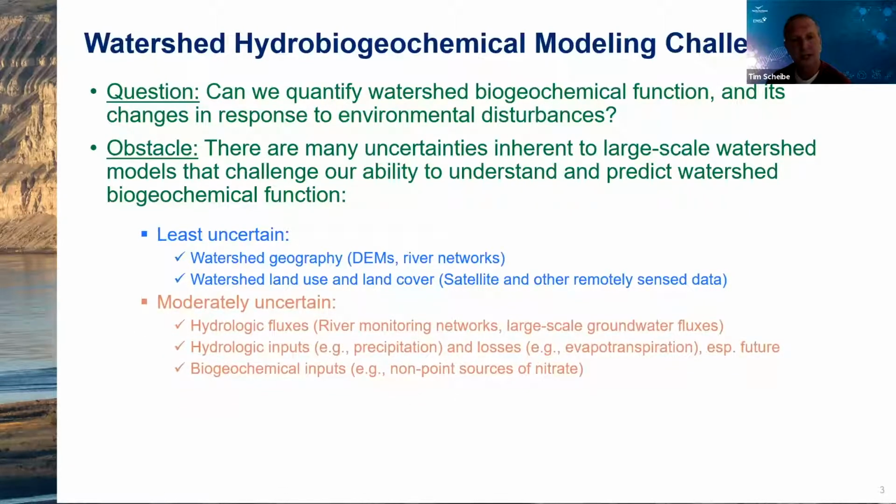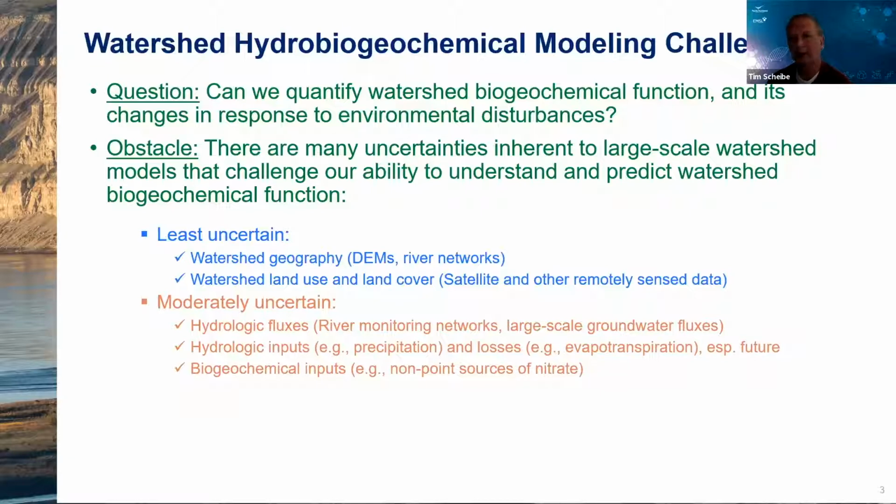If we go to data that are more moderately uncertain that we need to drive our models, we would think about things like hydrologic fluxes. So in terms of surface water, these might be less uncertain. We have pretty good river monitoring networks that tell us what the flows are in our rivers. But when it comes to the subsurface environment, it tends to be fairly difficult to interrogate, kind of opaque to observation.